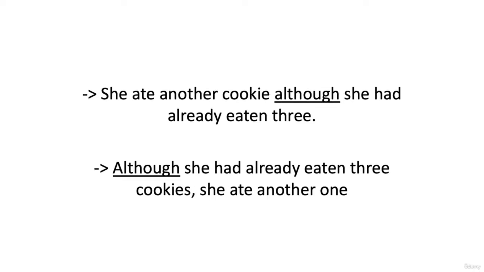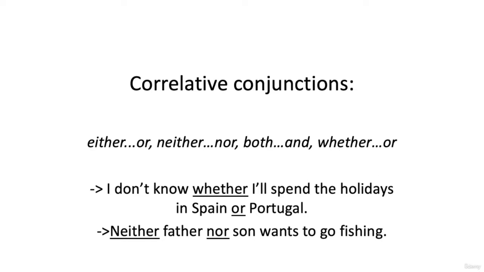Now, a correlative conjunction is a pair of words that work together to connect 2 grammatically equal parts of a sentence. Some examples of correlative conjunctions are either or, neither nor, both and, whether or. For example, I don't know whether I'll spend the holidays in Spain or Portugal.